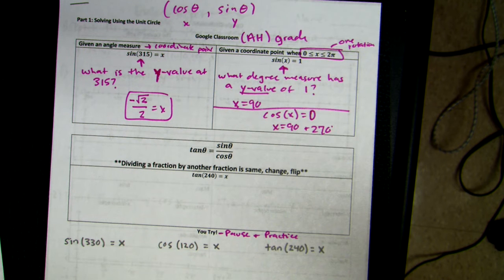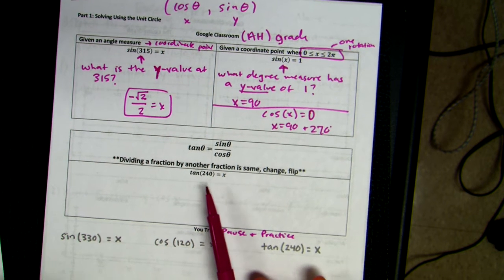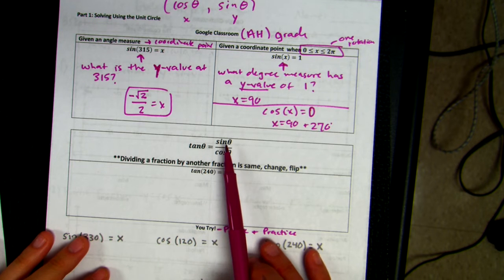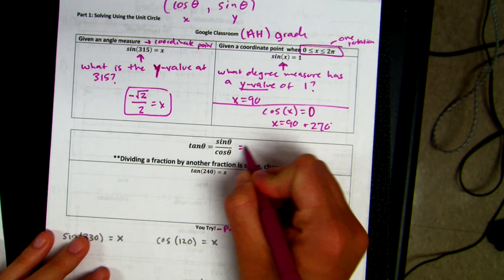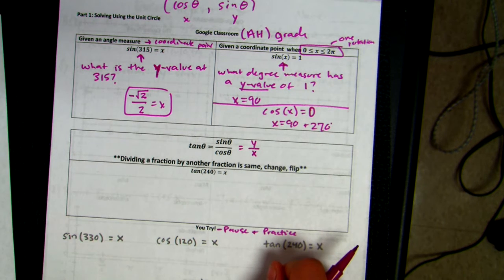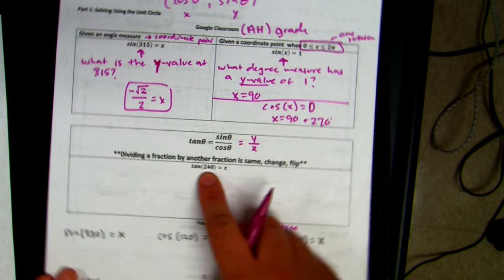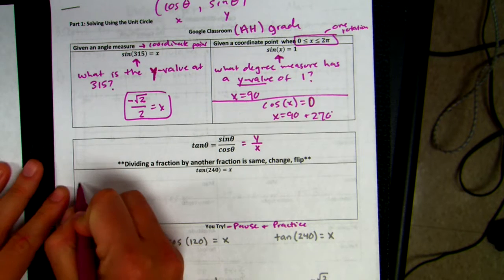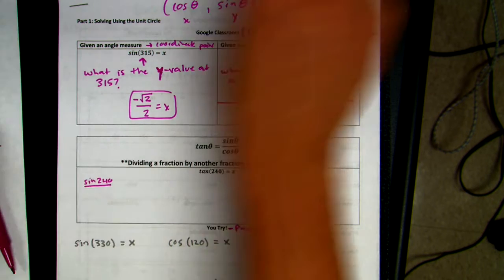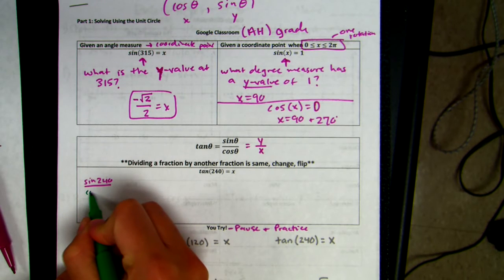Last thing that we're going to look at is if we're ever given tangent. Reminder that tangent, we can rewrite it as a trig identity as sine over cosine, which is just our y values over our x values. So we have to do a little simplification here. This says tangent of 240. What that really means is the sine of 240 over the cosine of 240.